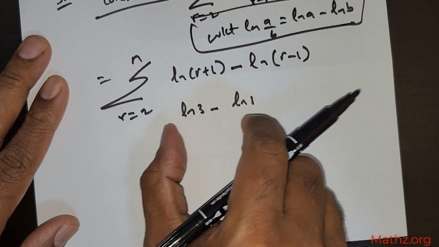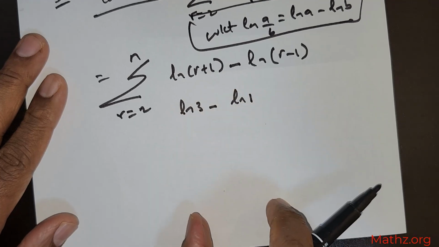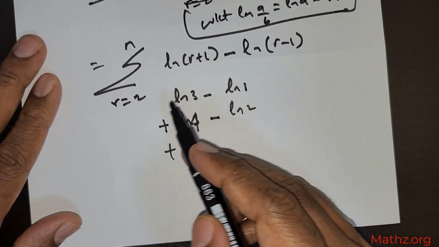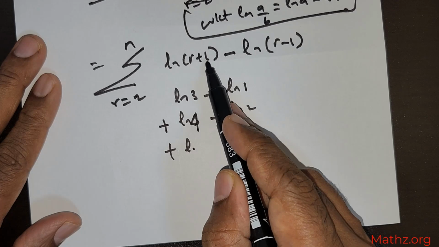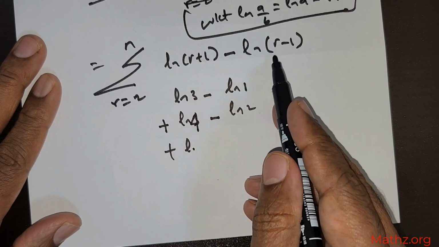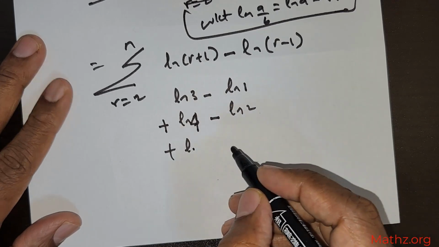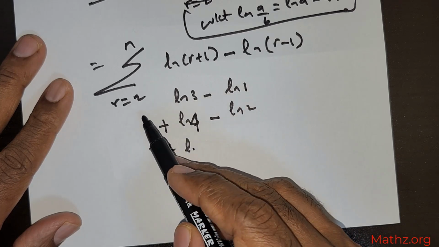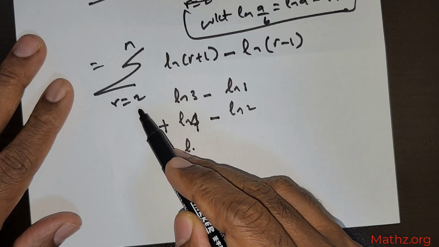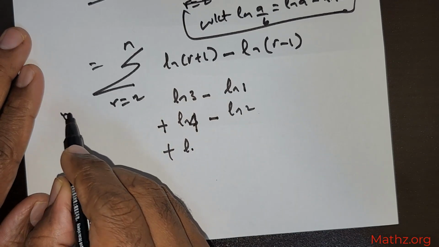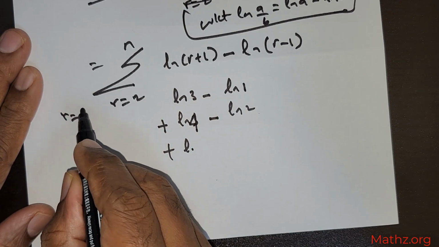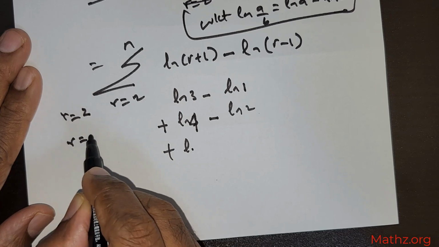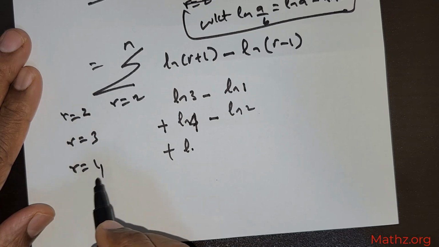Now I will be writing the summation in telescopic form. So r is equal to 3: 3 positive 1 is going to be 4, negative ln of 3 negative 1, that's going to be 2. Okay, fair enough. Next r is equal to 4. So let me just write that down here: r is equal to 2, r is equal to 3, and r is equal to 4.